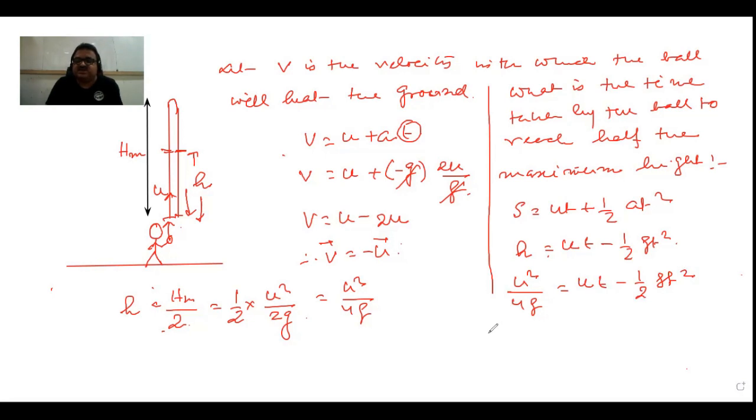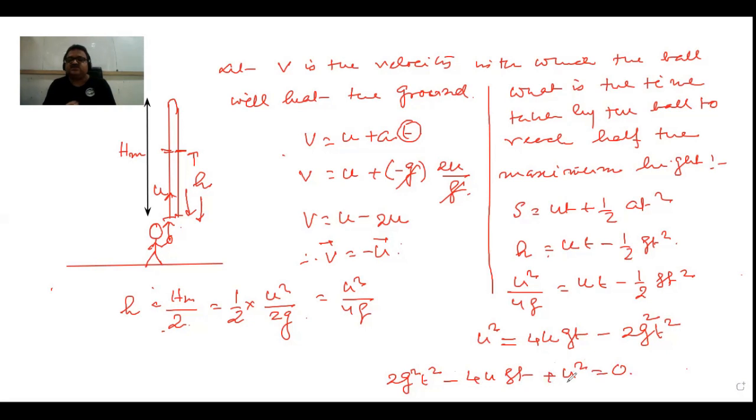Now let's simplify this. If I multiply by 4g, the 4g cancels and we get 2g square t square minus 4ugt plus u square is equal to 0.